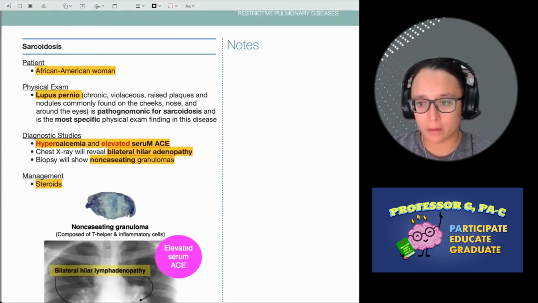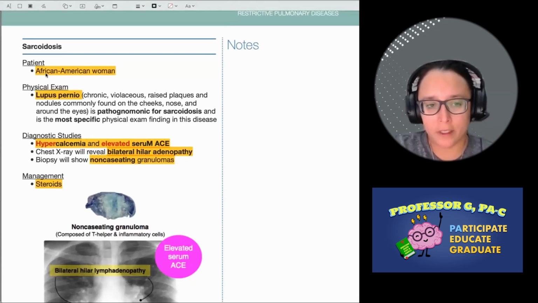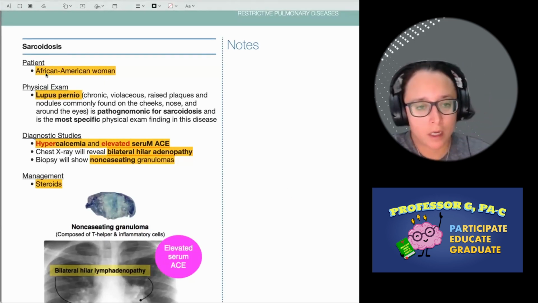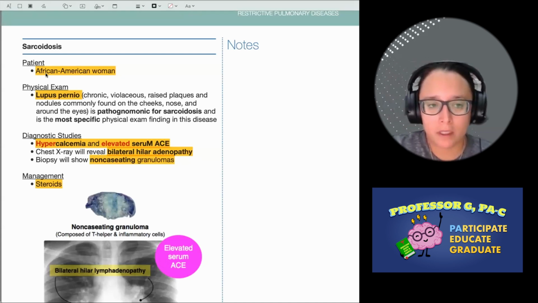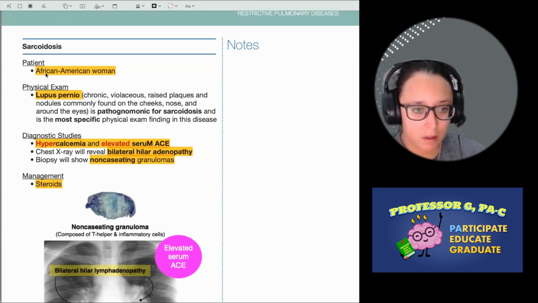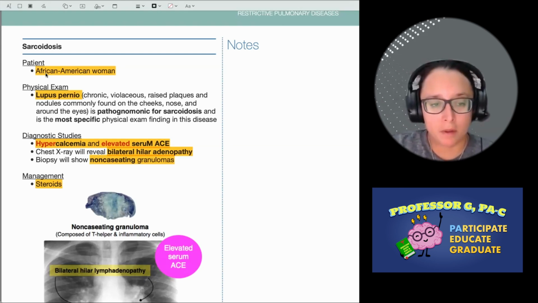Sarcoidosis, super testable. You will have a question on this, like 100%. Usually a 30s to 40s African American female. On physical exam, you're going to see probably problems with breathing, like dyspnea, maybe some crackles, but then they'll always mention some sort of extrapulmonary manifestation.